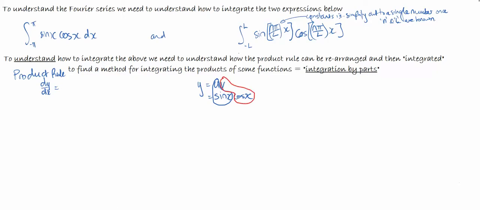And you can prove using the same method as for differentiation, I'm not going to do that here, that to differentiate this function, sine x cos x, you'd have to first take cos x and times it by the differential of sine x, and then add that to sine x times by the differential of cos x.